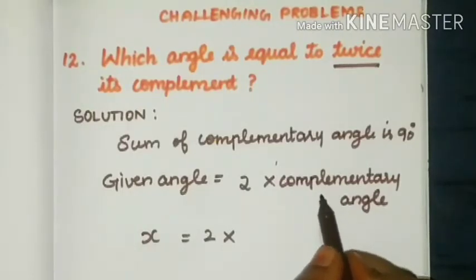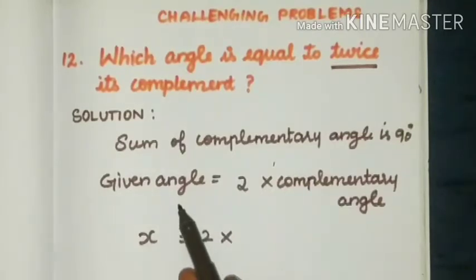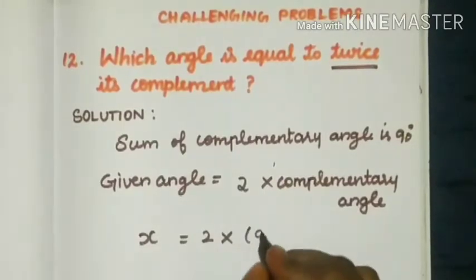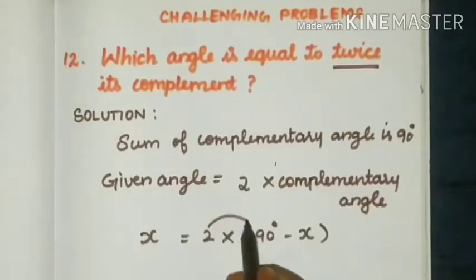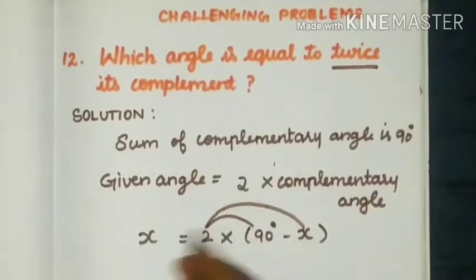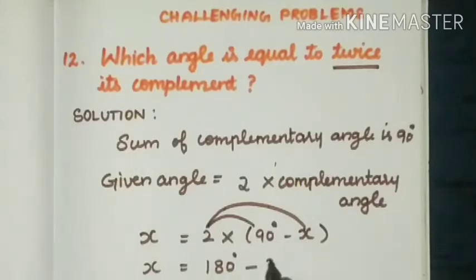Normally, to find the complementary angle of 40 degree, you subtract 40 from 90 degree. Here the given angle is not given, so you have to subtract x from 90, that is 90 degree minus x. So 2 into 90, then 2 into x. 2 into 90 is 180 degree minus 2 into x is 2x.